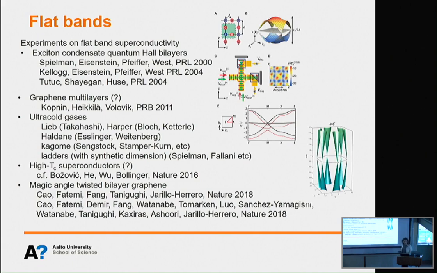Then about flat bands. So why are they interesting? Well, I already said that all interaction effects and so on will be large, but also because you guys can create them. So one can have flat bands in lattices where you have more complicated unit cells, like the Lieb lattice.